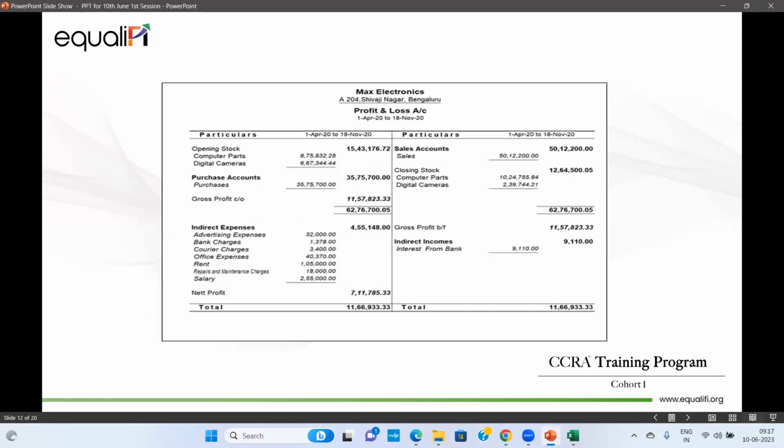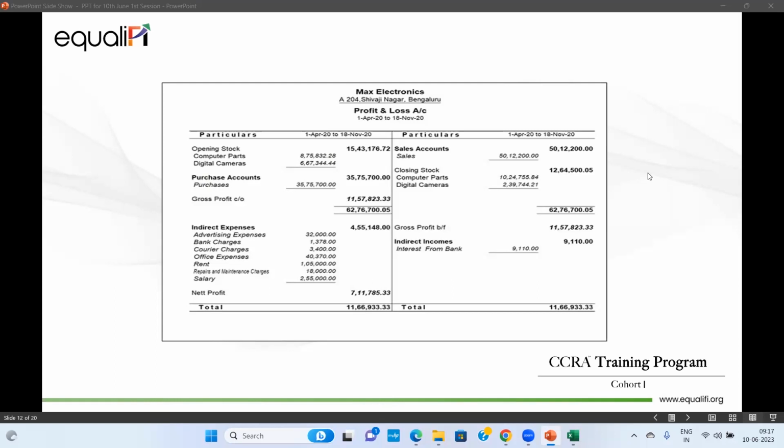Next is again the same exercise for 5 minutes. Quickly go through the profit and loss account and give your observation on this. This is not a comparative analysis. Just give your observation.